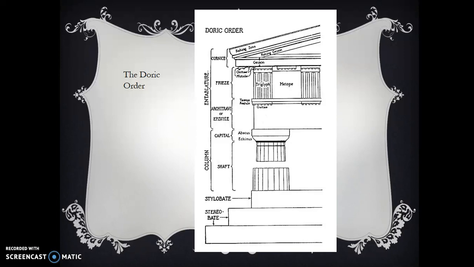The frieze would go up here, and in the Doric order, we break this down into triglyphs and metopes. Like I said, it breaks down depending on the order. So the Doric is broken down into specific categories, and the sculpture panels would go into the metopes, and this would just be architectural.